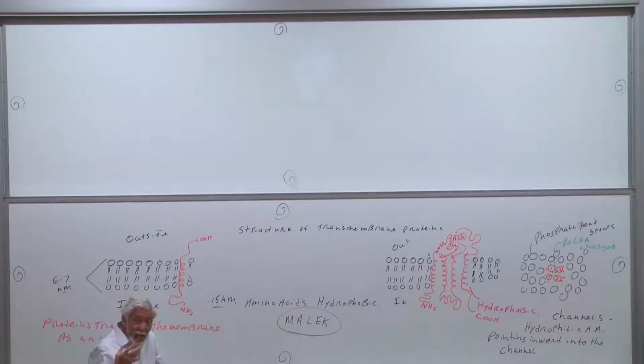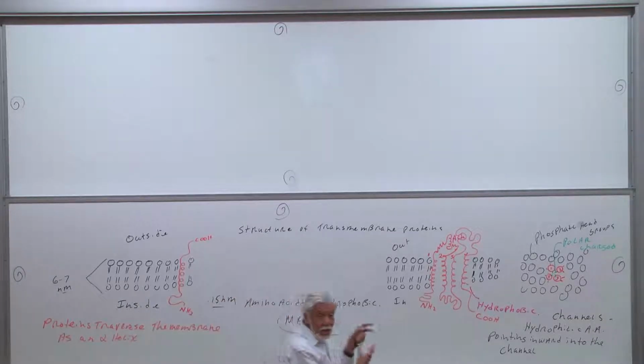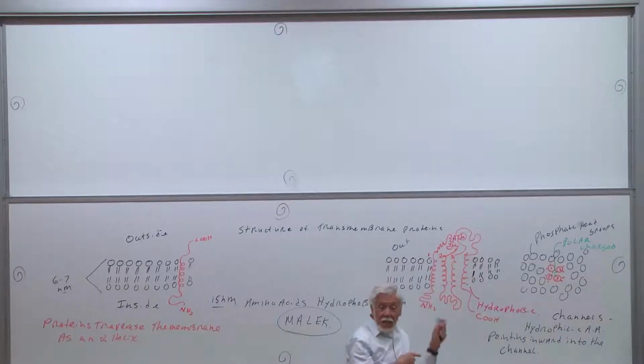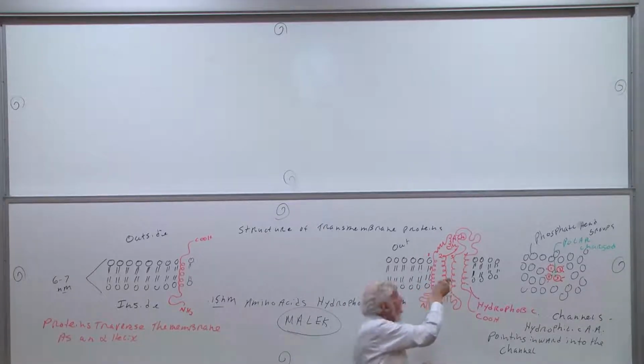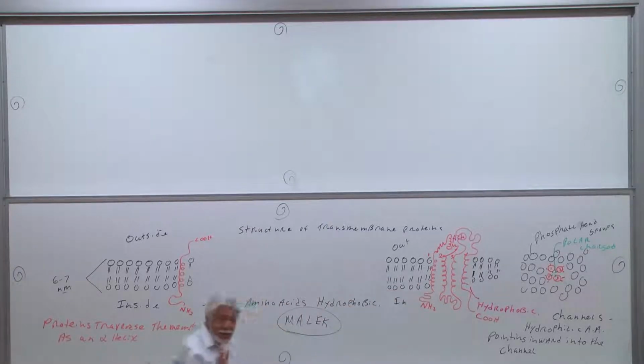So you get into these really complex organizations of how you thread the alpha helices across the membrane, but in all cases the channels are generated from alpha helices. Right. But you're right, it's not just 1, it's not just 2. 4 is a minimum, and then it gets to a bigger number after that.